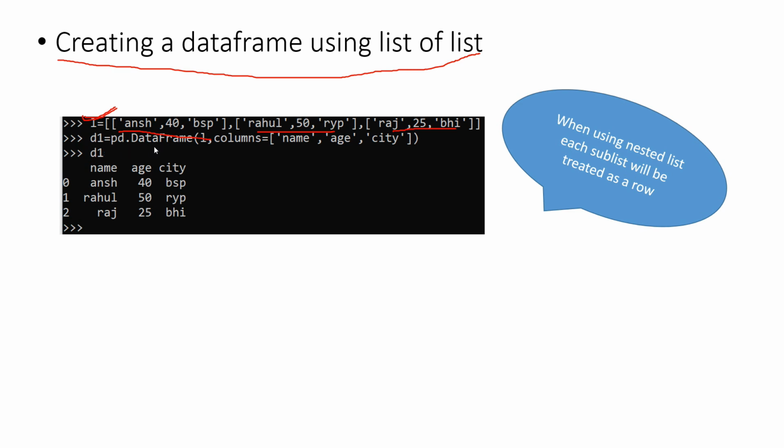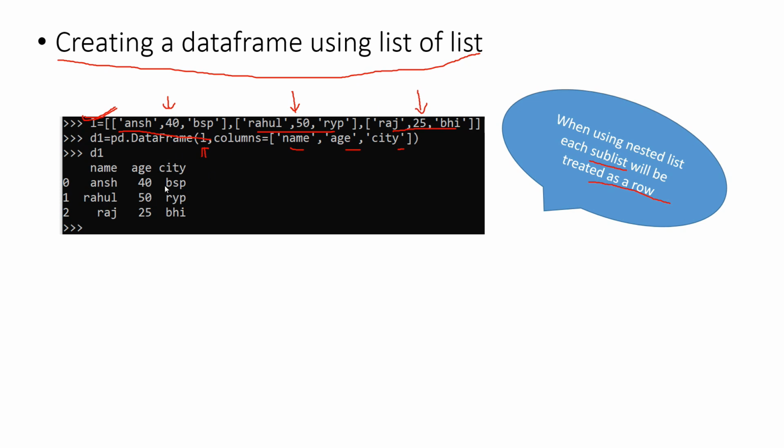Now we will do pd.DataFrame, we will pass the data, that is the list, then columns is equal to, here we are specifying the names of the columns as name, age and city. Remember that each sublist inside a list is treated as a row. This is one single row, this is the next row, and this is the third row. First row, second row and third row.